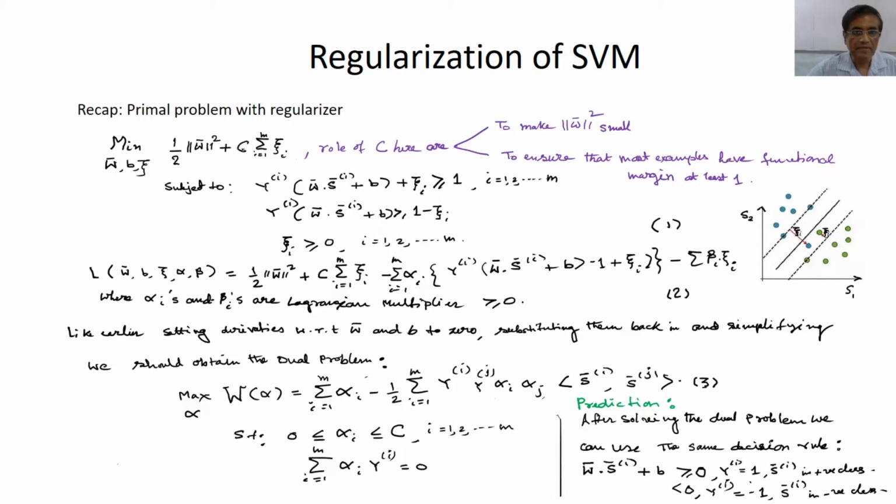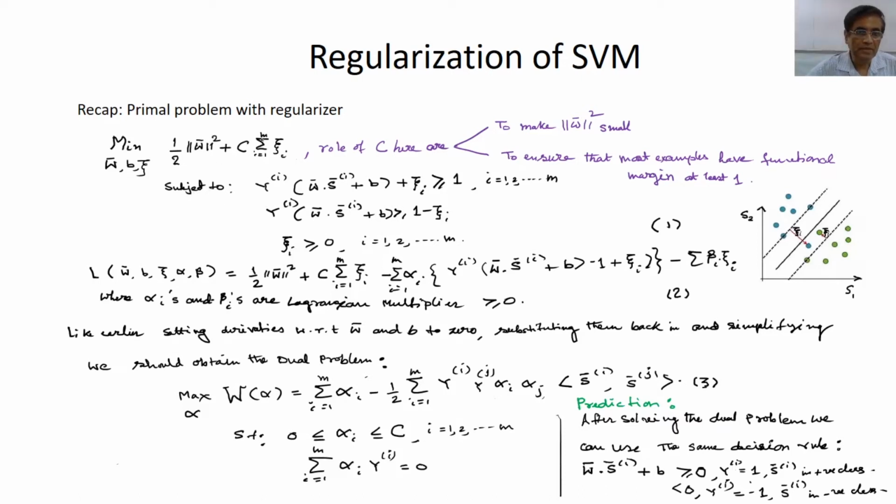The role of C here is that although this outlier is there, with zeta I here, its job is to still keep half W square small, and to ensure that most of the samples have functional margin at least 1. That means it should be here. Functional margin should be 1.